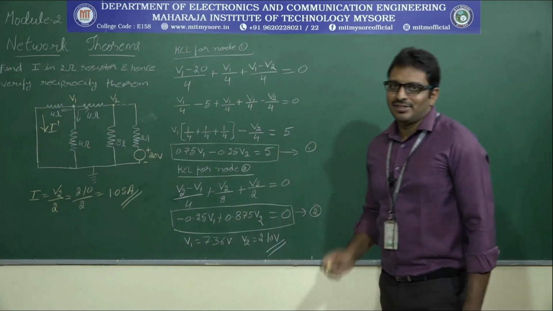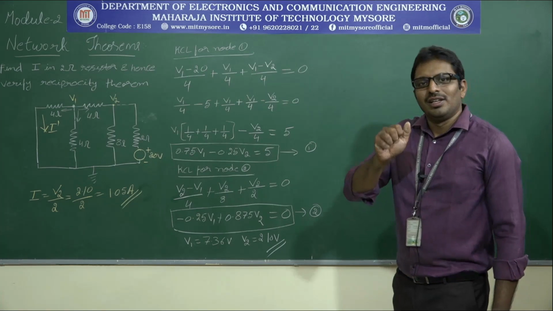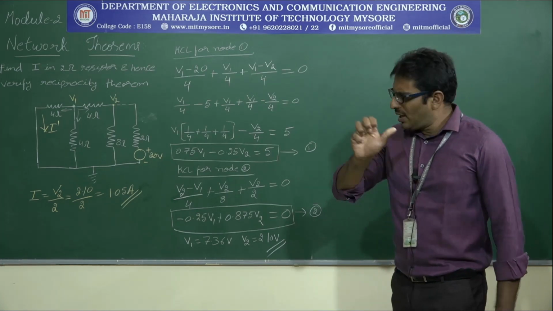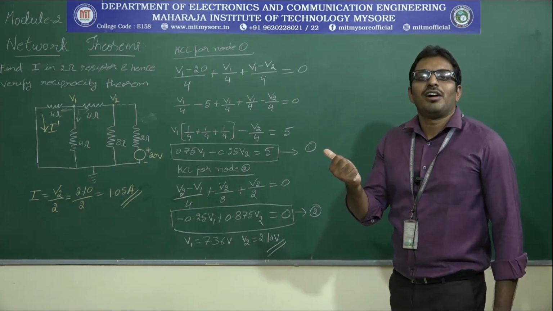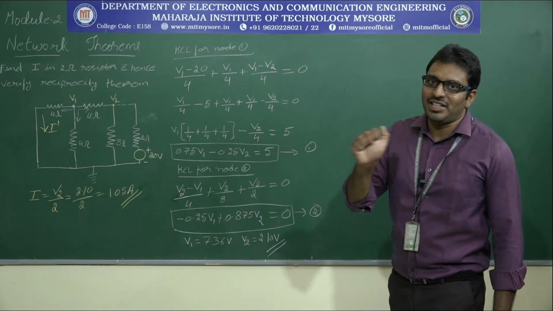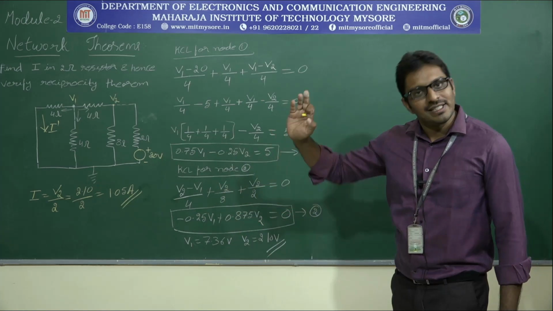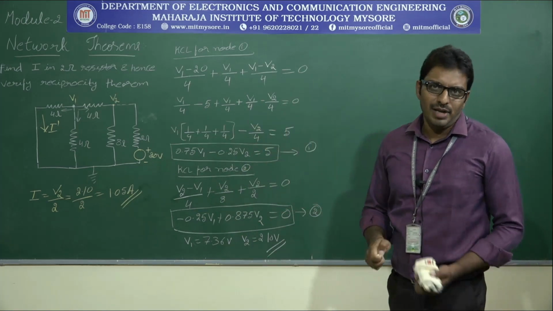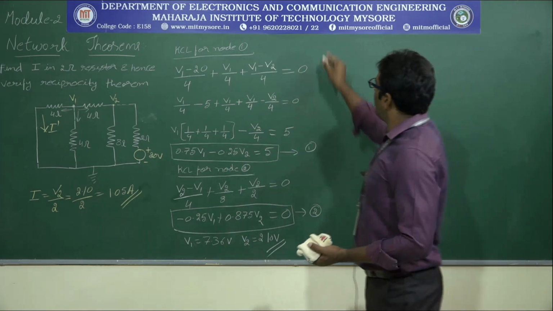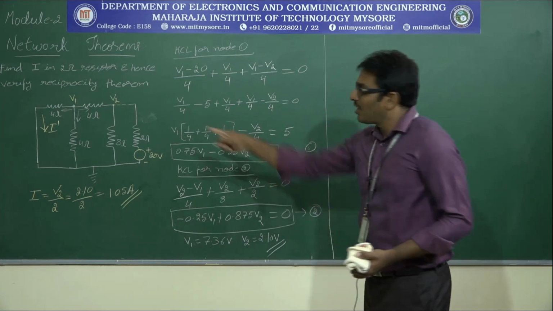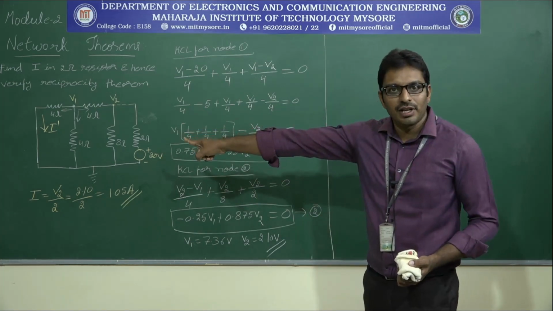Is it clear? The reciprocal theorem states that source and response are mutually interchangeable. Now find the current in the first branch. If the current is the same, then the circuit is said to be reciprocal. This is the circuit for case 2.